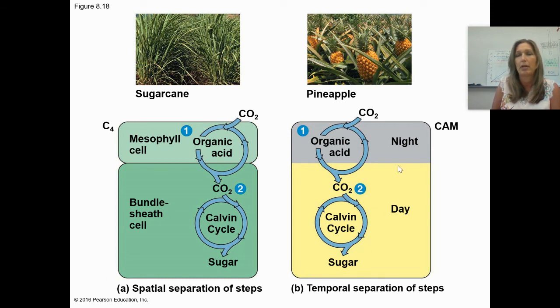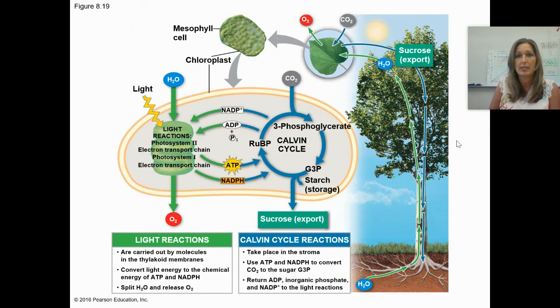So that is their temporal separation of steps: nighttime is when they're fixing the carbon dioxide, and daytime is when they are building the sugars, because they close their stomata in the morning.